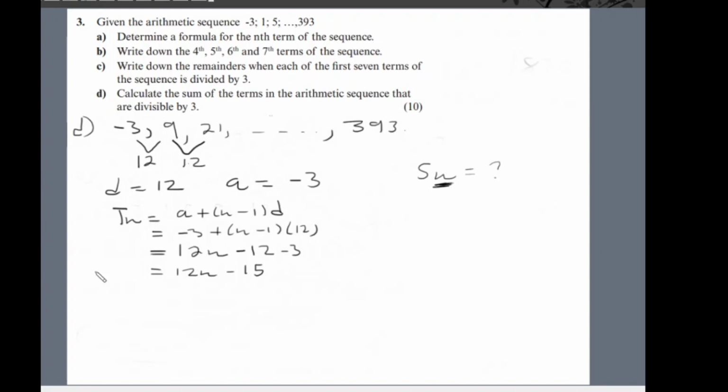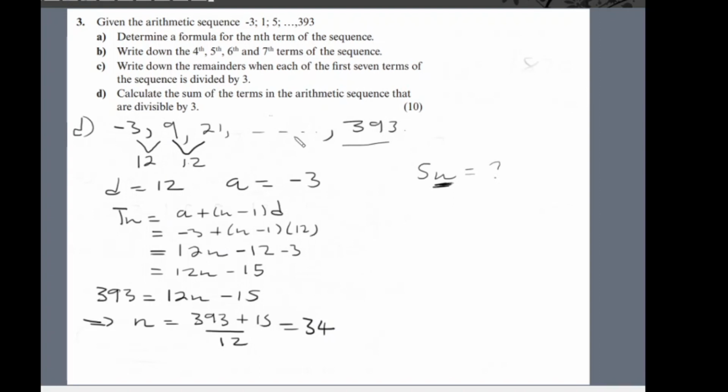We want to calculate n first, right? So our last term is this one. We want to know which term number it is in our sequence. So we have 393 is equal to 12n minus 15. And now we solve for n. So n is equal to 393 plus 15 divided by 12. And you find n is equal to 34.